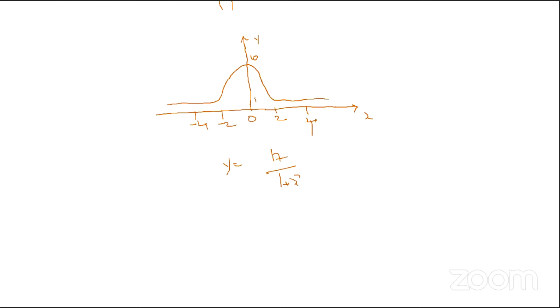So y tends to 0 as x tends to infinity or minus infinity. This means the distance of the point on the curve from the x-axis tends to 0 as x tends to plus or minus infinity.